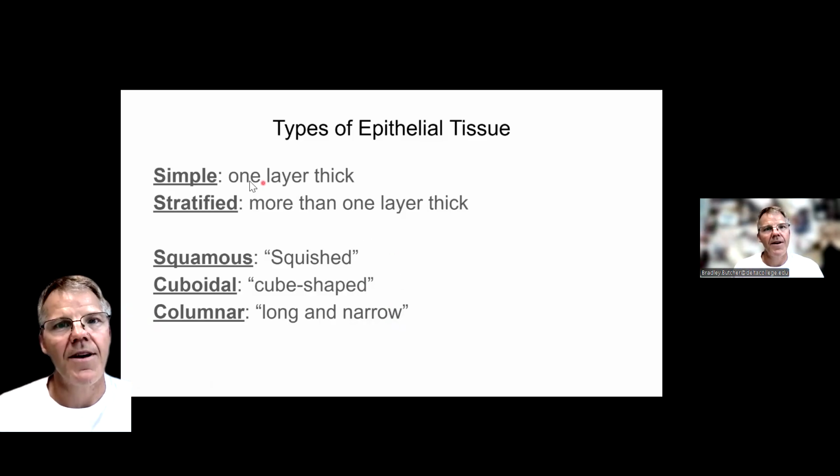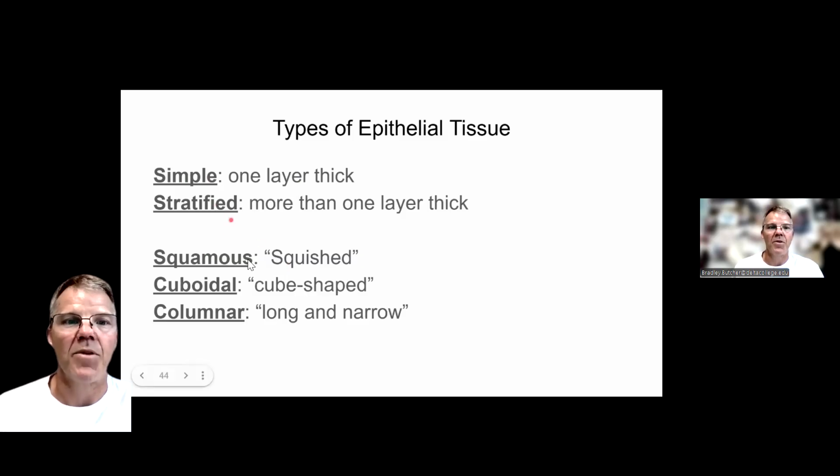Now, we have epithelial tissue categorized by its number of layers and by shape. And what we can do is combine these terms. So we can talk about simple squamous epithelial tissue. That is epithelial tissue that is one layer thick of squish-looking cells. Or we could have stratified squamous epithelial tissue.